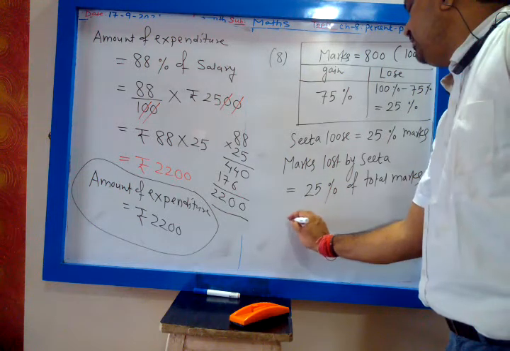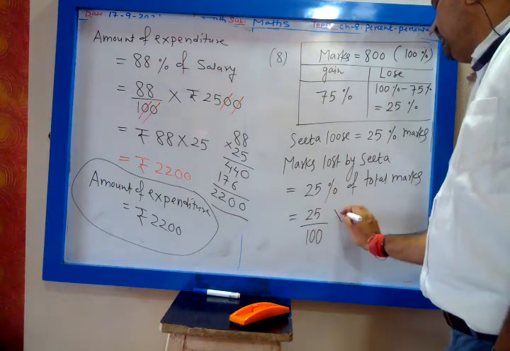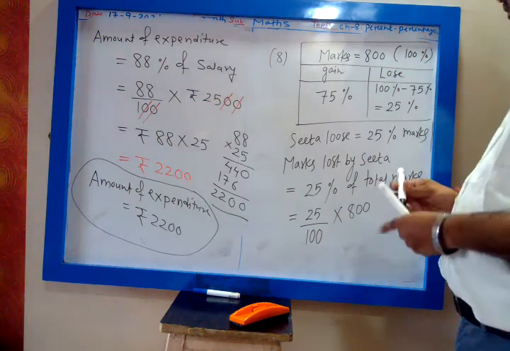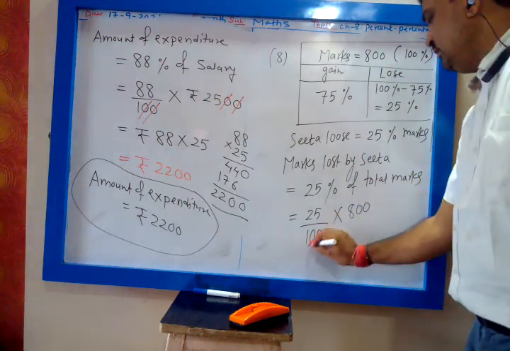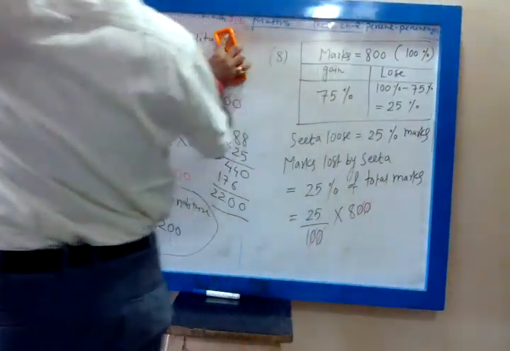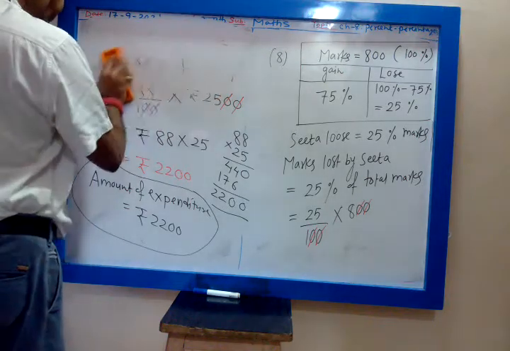What do you mean by 25%? 25 upon 100. Of means multiplication. Total marks are 800. You can cancel, 2 zeros get cancelled. 25 into 8 will be 200.